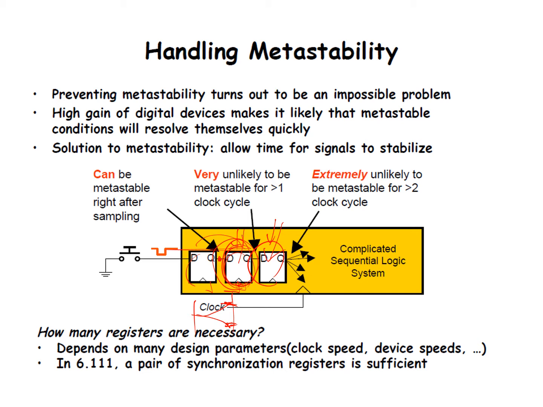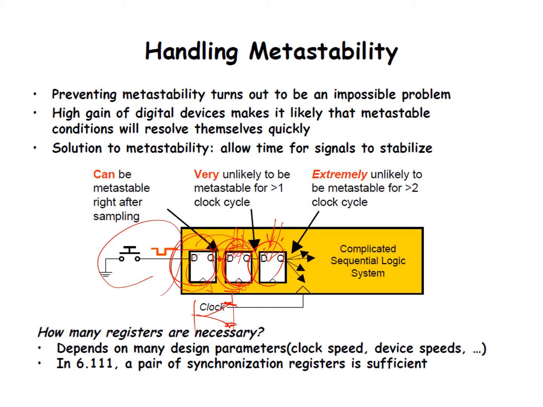But we have to accept the fact that the first flip-flop is on an asynchronous interface. We cannot eliminate the metastability. It is impossible to eliminate such a case. We have to admit that there is always some chance of metastability happening, right? So by cascading multiple flip-flops, the probability goes down greatly.